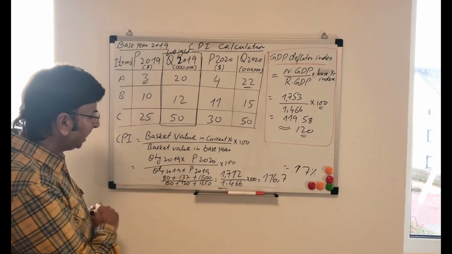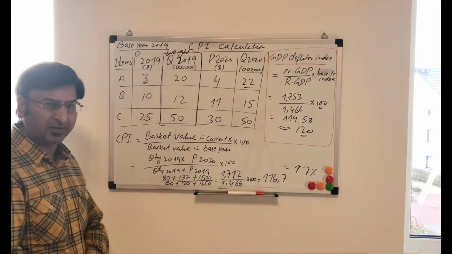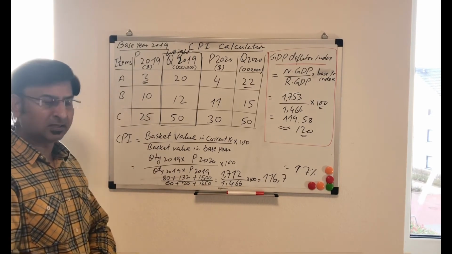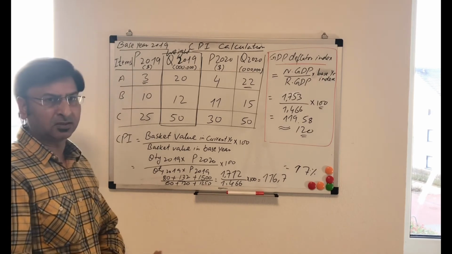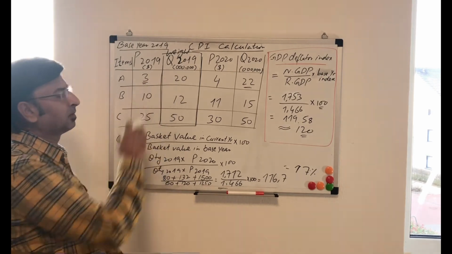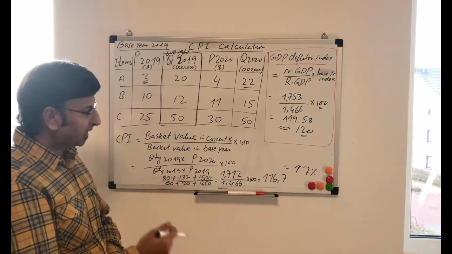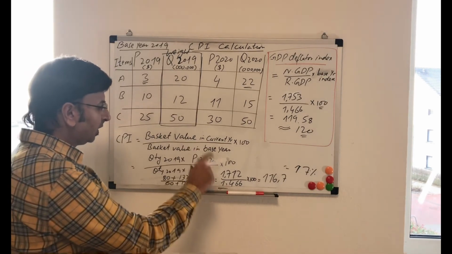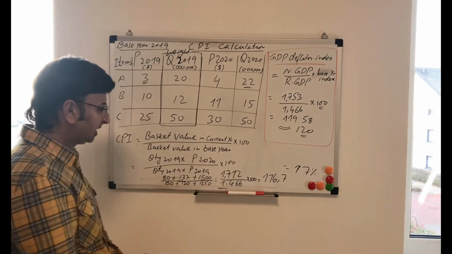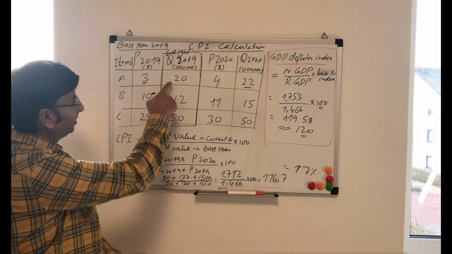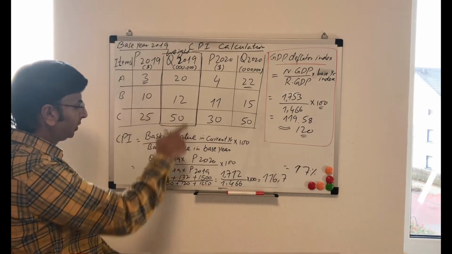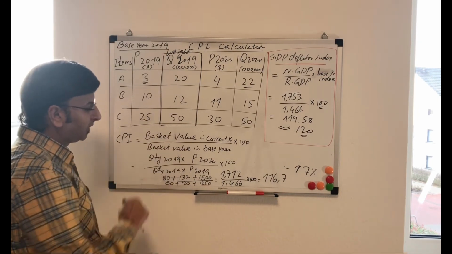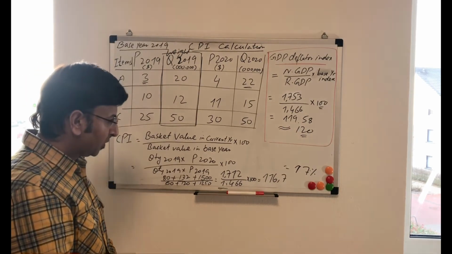And divide by the base year value, which is easier because the base year value will be base year price times base year quantity, which we already have calculated, equal to 1,466, which is 60 plus 120 plus 1,250.